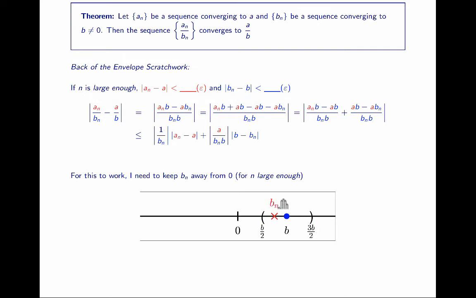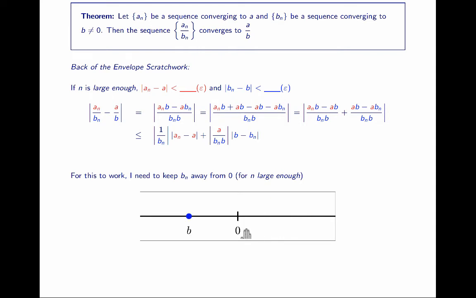So if n is large enough, I can make sure that bn is between b minus b over 2, which is b over 2, and b plus b over 2, which is 3b over 2. This doesn't really matter. I just need to show that I'm away from 0. In fact, if n is large enough, I can guarantee that I'm away from 0. Specifically, I'm to the right of b over 2.